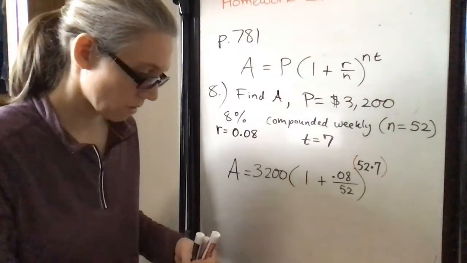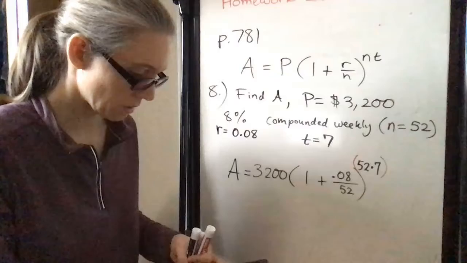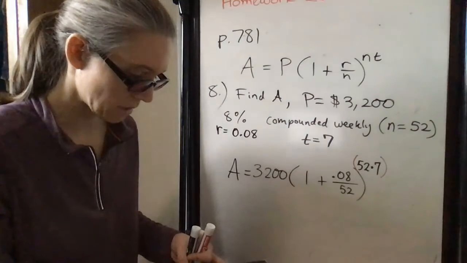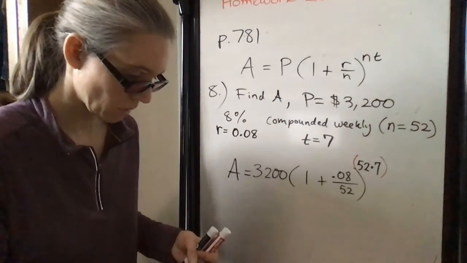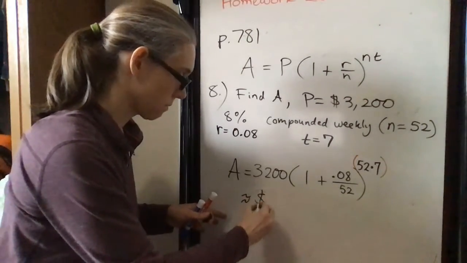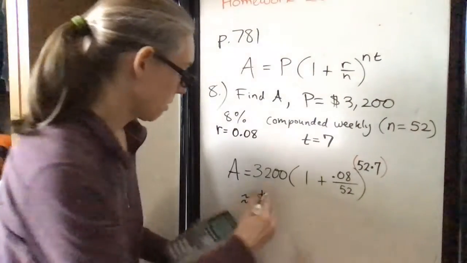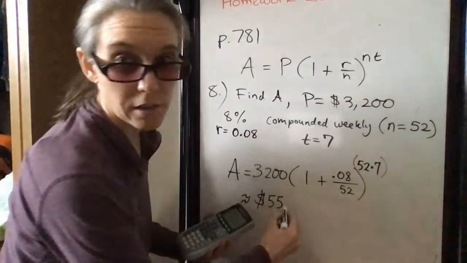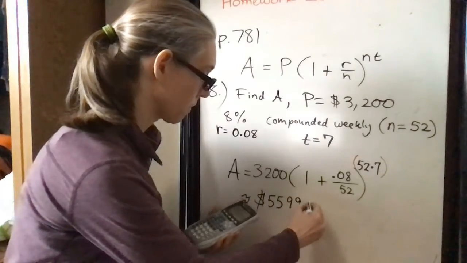So if you take 3,200 and you multiply that by 1 plus 0.08 divided by 52, and you raise that to 52 times 7, and you push enter, you're going to round to the nearest cent. It's not going to tell you that, but in general, you round to the nearest cent. Oh, actually, no, it did say round to 2 decimal places. 5599.74.